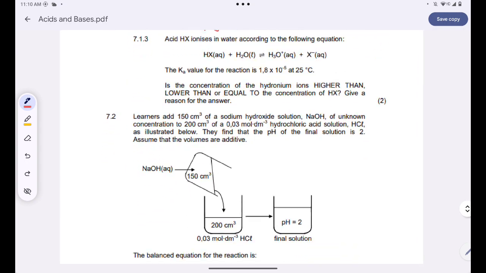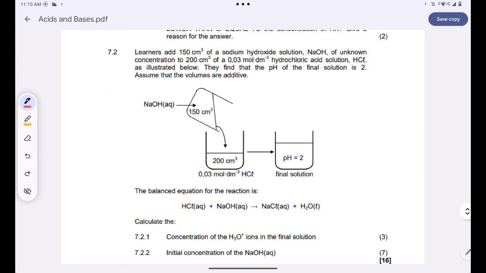Okay, let's move on. Learners add 150 cubic centimeters of sodium hydroxide solution of unknown concentration to 200 cubic centimeters of a 0.03 mole per cubic decimeter hydrochloric acid solution, as illustrated below.